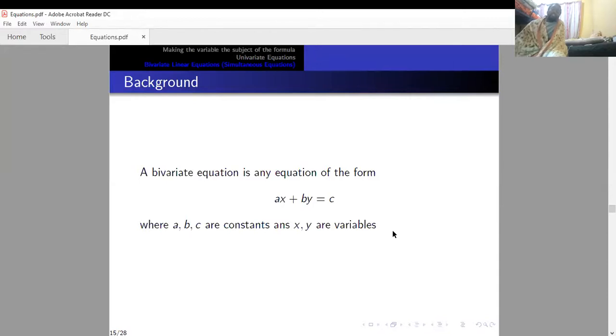I want again to note that your x and your y both have exponents which are 1, and the coefficients a, b, and c are constants, while x and y are variables. If they are two variables, it makes it a bivariate. If there were 3, it would be trivariate. If there were 4, it would be multivariate. But you can still call it a multivariate because remember in English, many starts from 2.